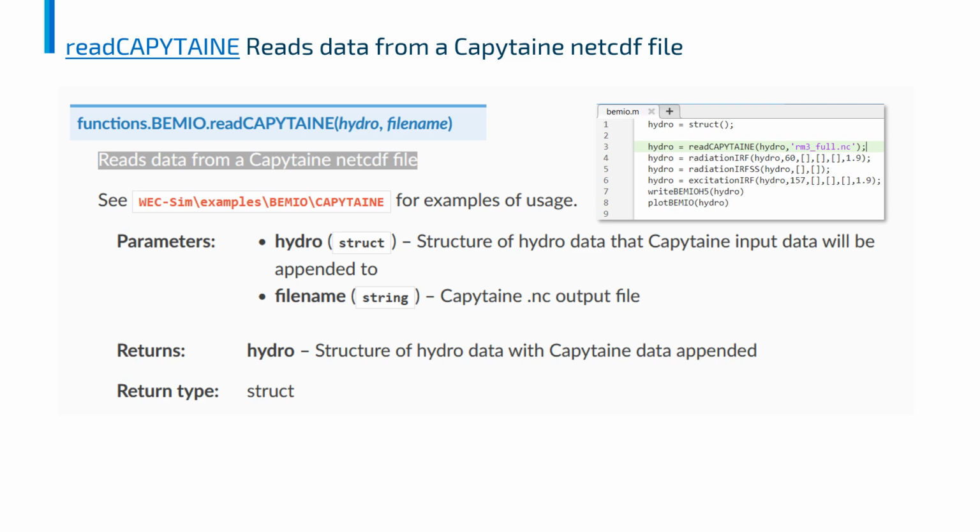We also have a function to read the results from Capytaine. In this case, again, you need to define your hydrostructure and the file name for the Capytaine .nc output file.